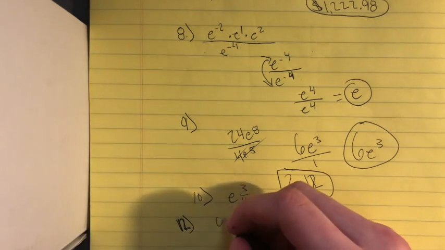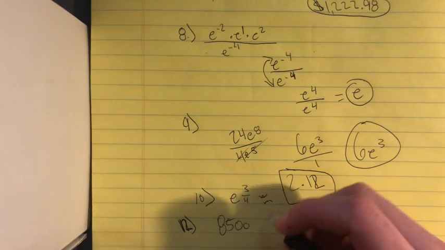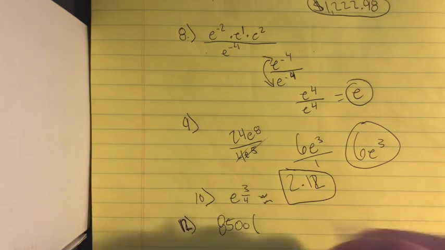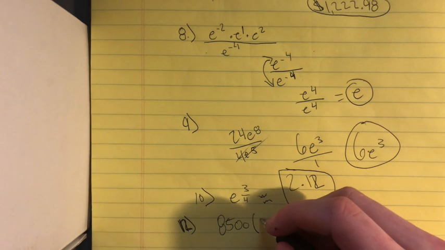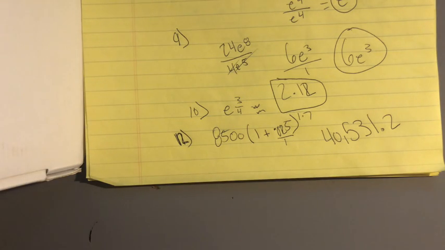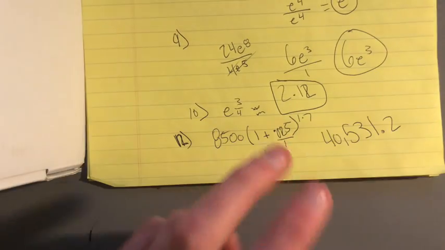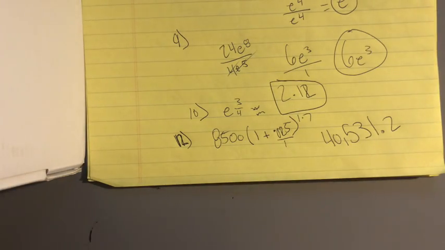Number 12, so we got 8,500 times 1... After further review during the editing process of the video, we lost one of our clips showing the end of question 12, and then 13, 14, and 15. So I'm going to just show you and briefly go over them right here.